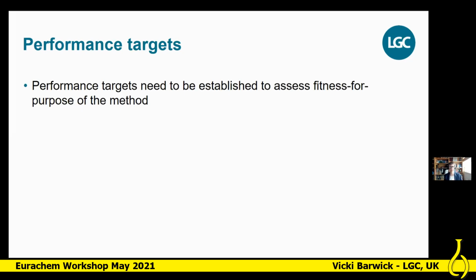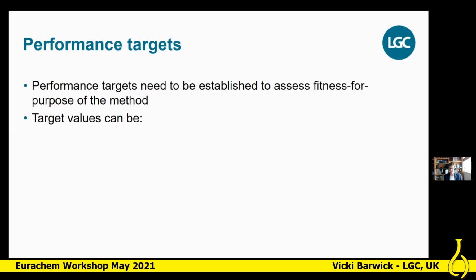Now, there is Eurachem guidance related to this on setting target uncertainties, so that is obviously a related issue, but for a lot of laboratories they're still needing to make a judgment on fitness for purpose based around specific performance characteristics. So where might you get that information from?